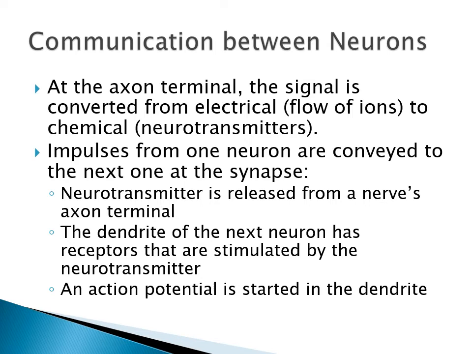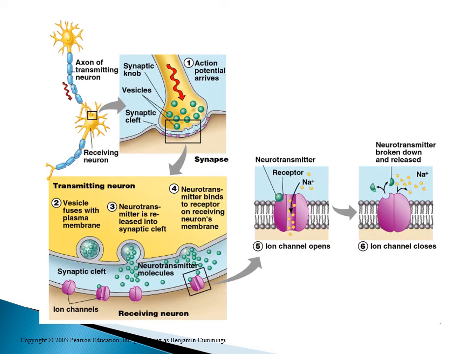The dendrite of the next neuron has a receptor that, when the neurotransmitter comes in contact with it, is going to cause a depolarization of the dendrite. That action potential then gets started for the next neuron because of that signal that's being sent through the dendrites by the neurotransmitter.